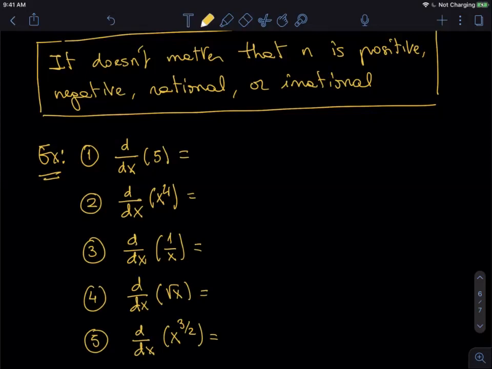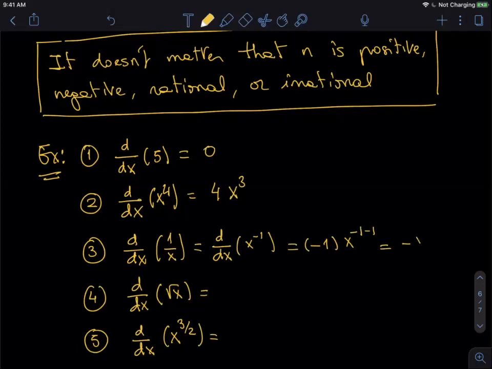So d/dx of 5, it's a constant, so this is 0, right? x to the power 4, so it's going to be 4 times x to the power 3. Now, d/dx of 1 over x, we need to remember that 1 over x is x to the minus 1. So this is minus 1 times x to the negative 1 minus 1.